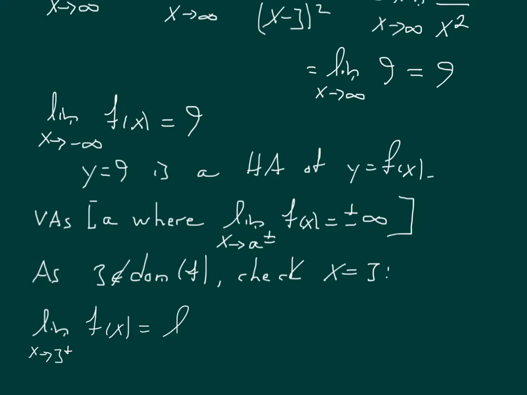That's the limit as x tends to 3 from the right of, what was our function again? There it is, 9 times x minus 1 times x plus 3 all over x minus 3 all squared.